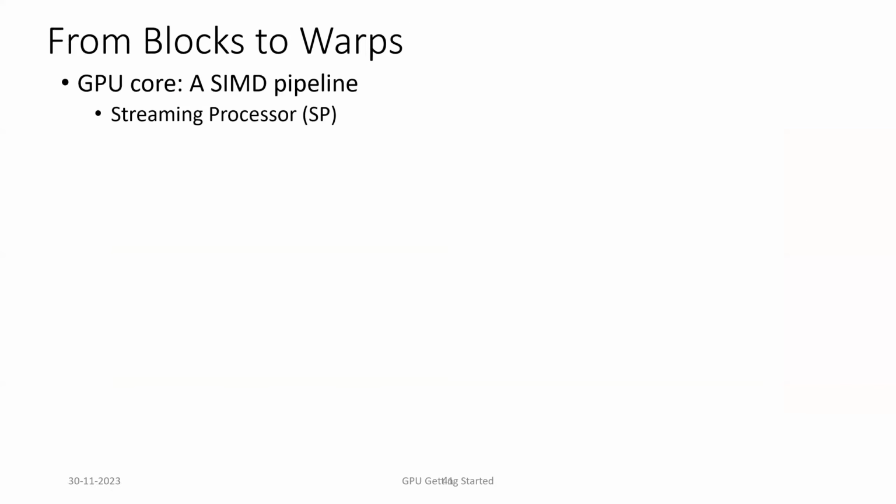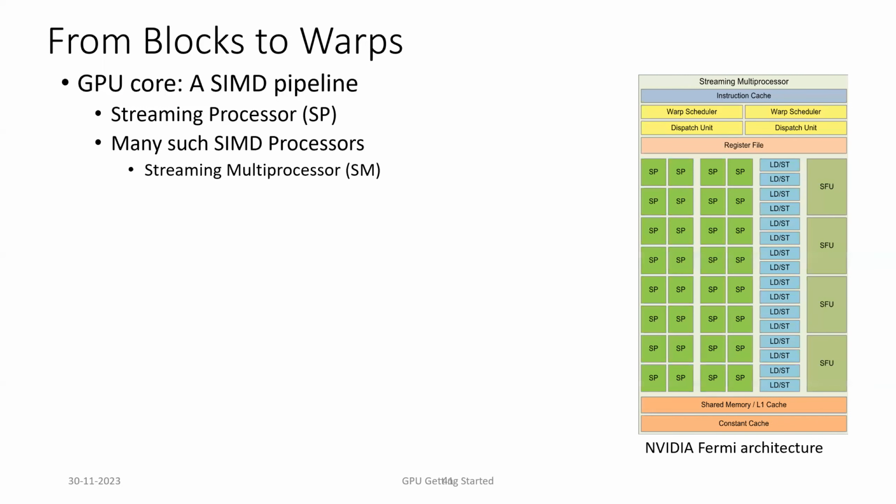Okay, now how are these blocks of threads mapped to or converted to the warps? At the GPU core, we have the SIMD pipeline, the streaming processor. Many such streaming processors are there. We can call them streaming multiprocessors also.